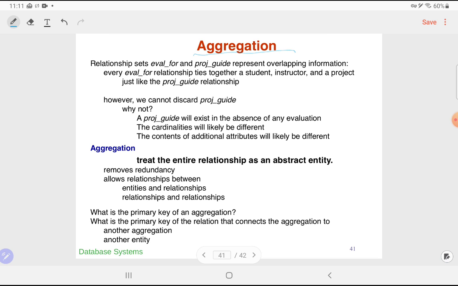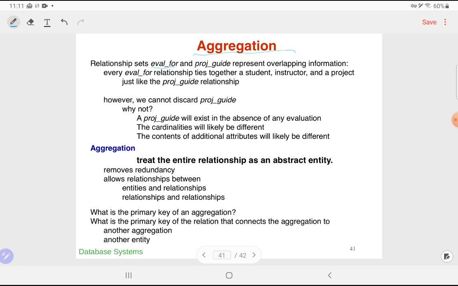The technique for doing this is called aggregation. Aggregation allows us to express a relationship between an entity or another aggregation and the relationship that forms the aggregation.